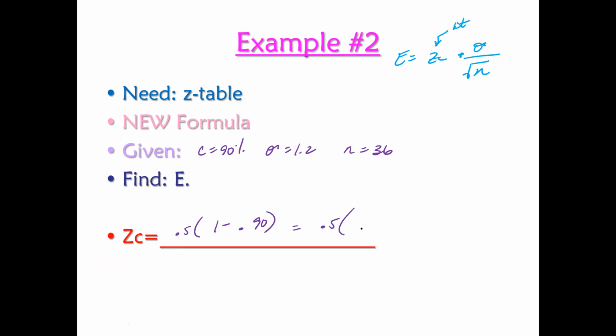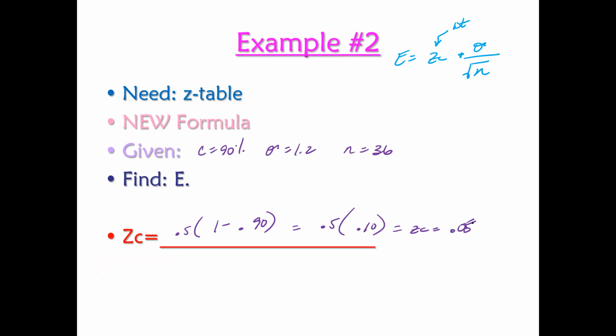And that's going to be 0.5 times 0.10, which is going to give me a 0.05, okay?